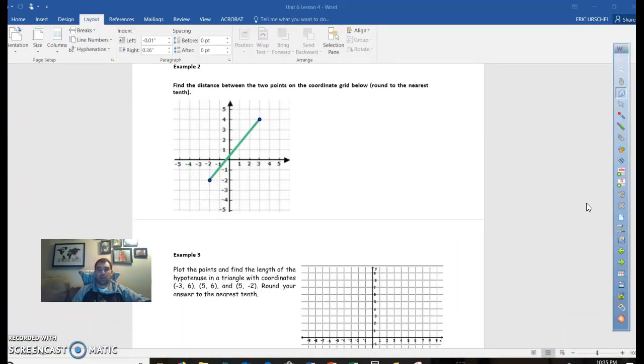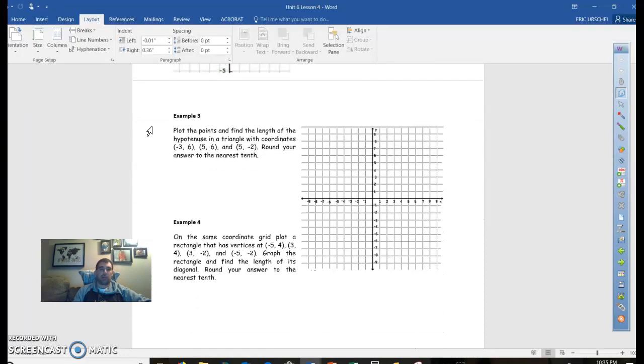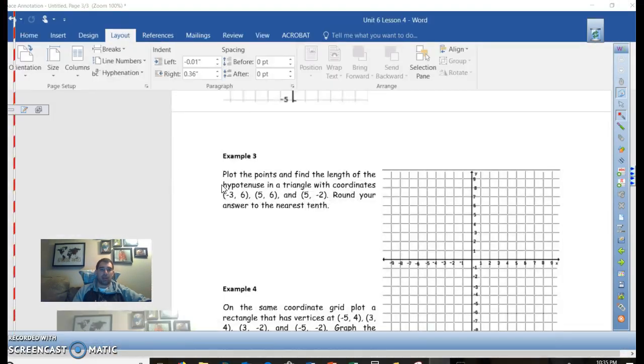Alright, moving on to one where we actually have to plot the points. We have to use coordinates and plot the points. So, can you plot points? Can you determine where these coordinates go? So we have -3, 6. Remember x, y. This is our x and this is our y.